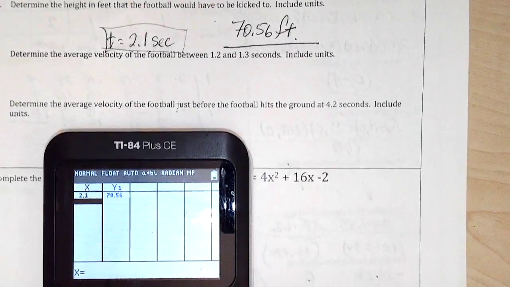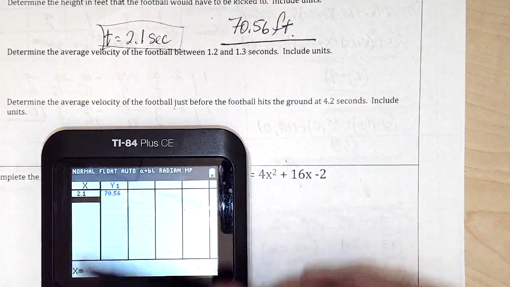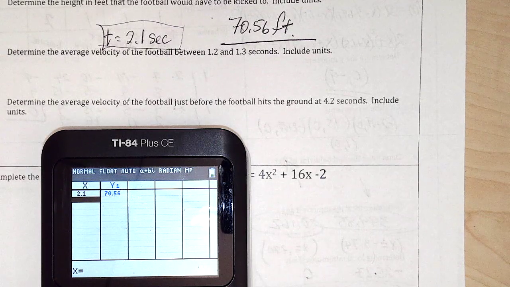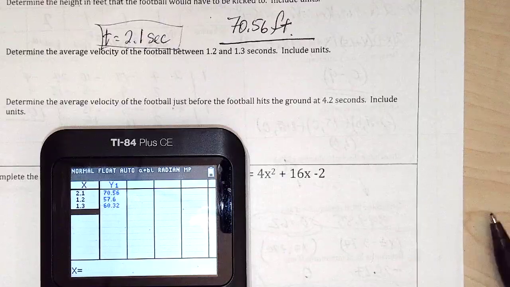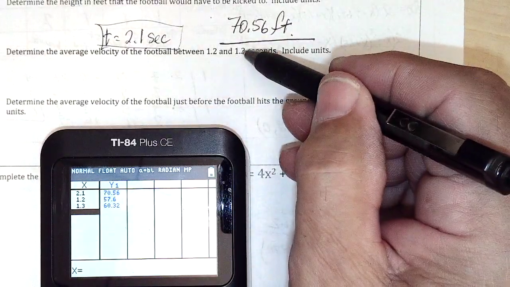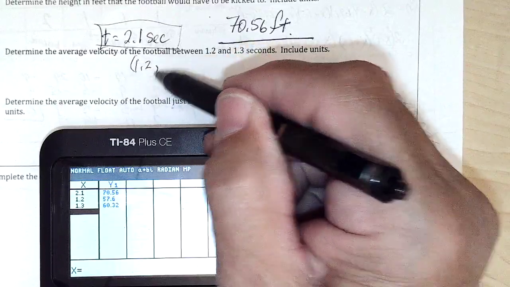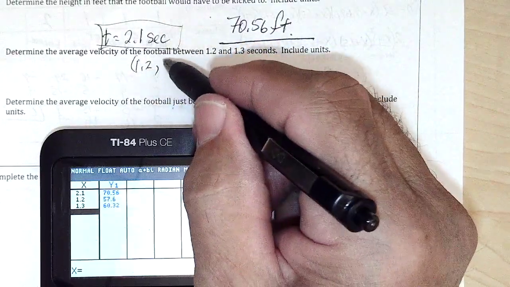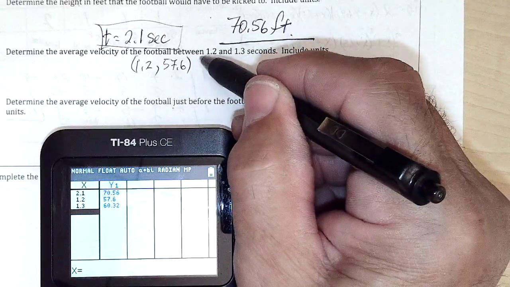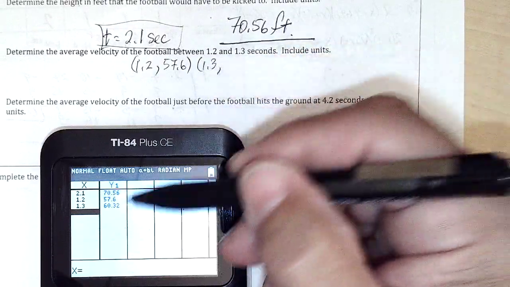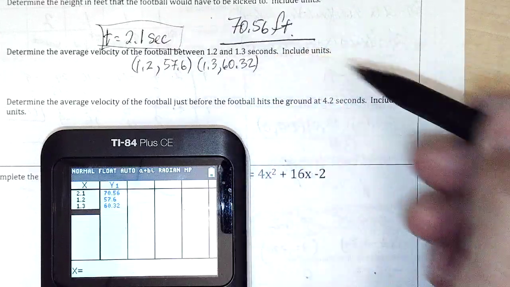Now it says determine the average velocity between 1.2 and 1.3. Well, if you got this table set like this, we can type in 1.2 and 1.3. At 1.2, it was at 57.6, and at 1.3, it was at 60.32.